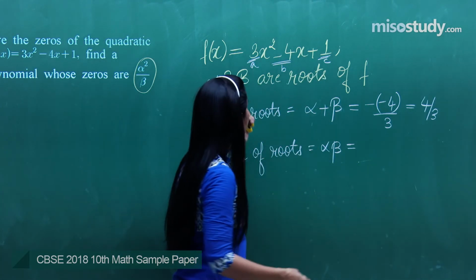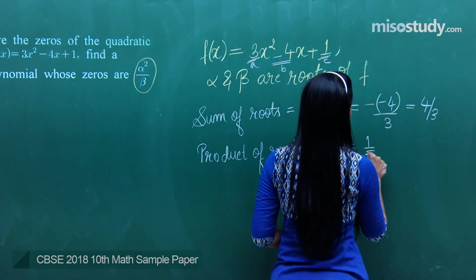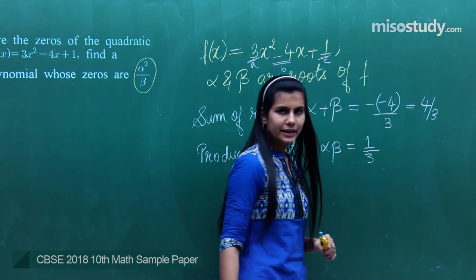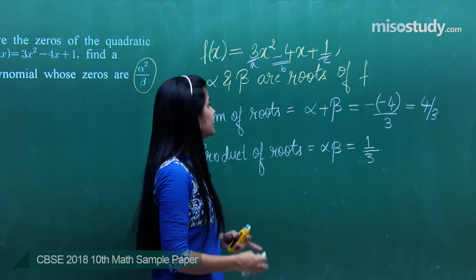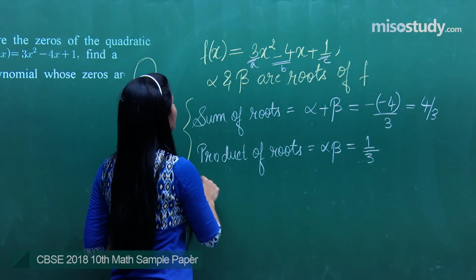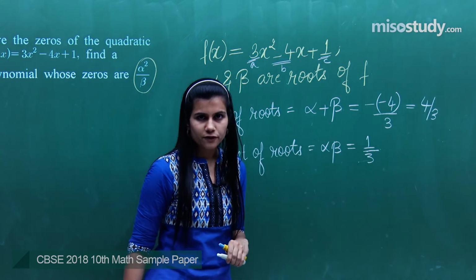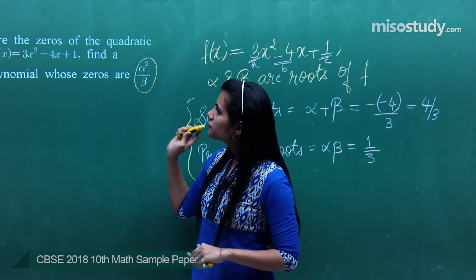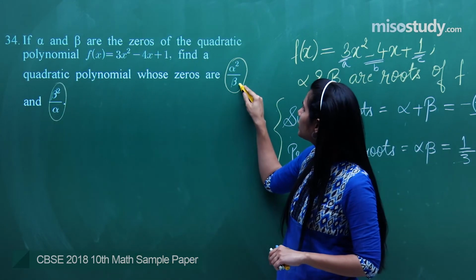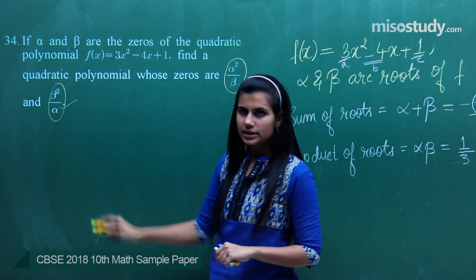Now c is 1, so c by a becomes 1 by 3. That means you have the sum of the roots of f and the product of the roots of f. The question is, find out a quadratic polynomial with these roots.